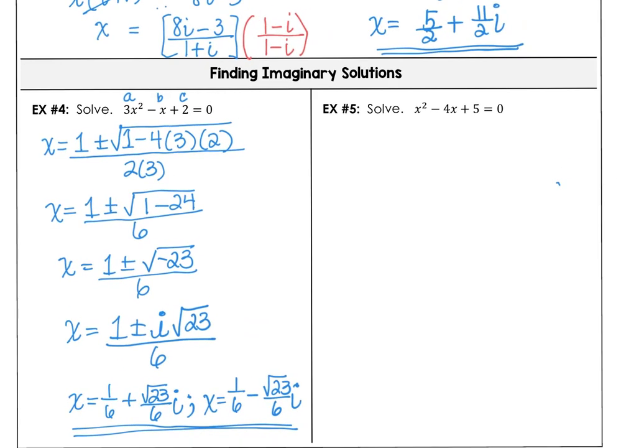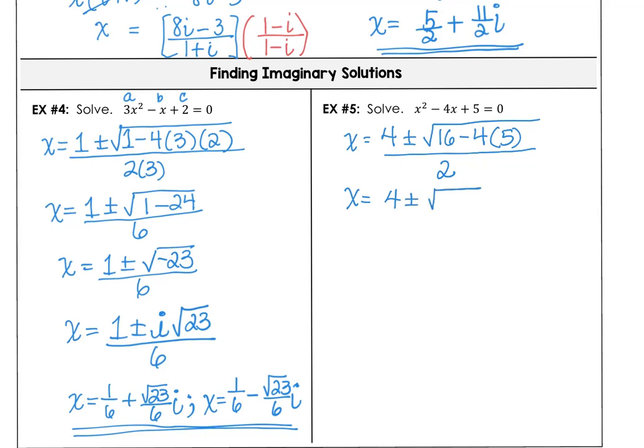In example 5, same thing. We can't find factors of 5 that add up to negative 4, so it can't be factored over the real numbers, but we can use the quadratic formula, where x is the opposite of b, plus or minus the square root of b squared, minus 4 times a, which is 1, times c, which is 5, all divided by 2 times 1. Simplifying that is 4 plus or minus the square root of 16 minus 20.